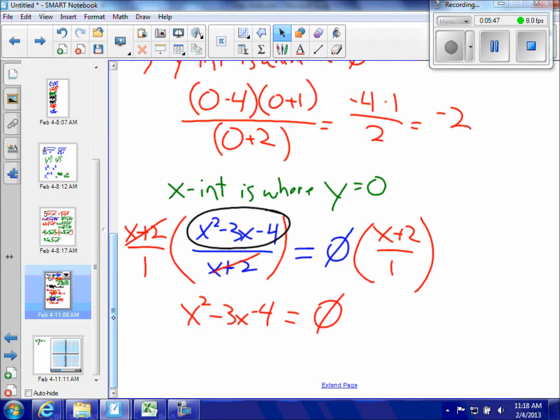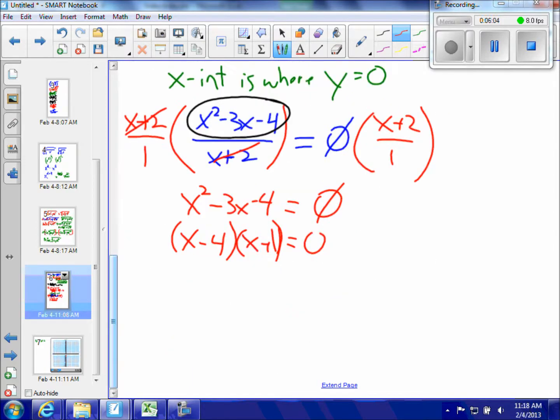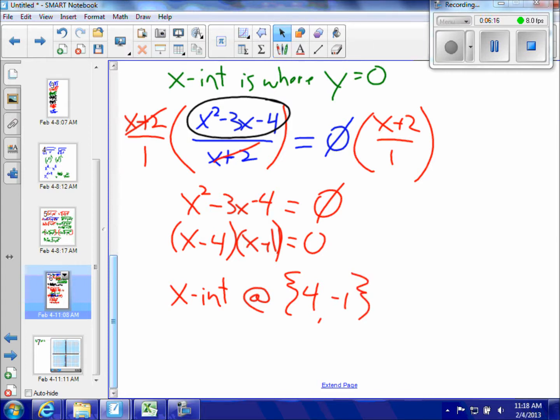I'm concerned as to where my numerator equals 0. I've already factored my numerator, so I know that it is x minus 4 times x plus 1, and I set that equal to 0. That's telling me I have x-intercepts at 4 and negative 1. Okay, x-intercepts at 4 and negative 1.